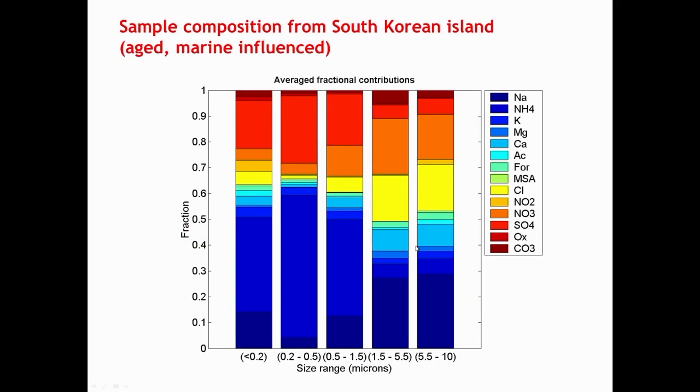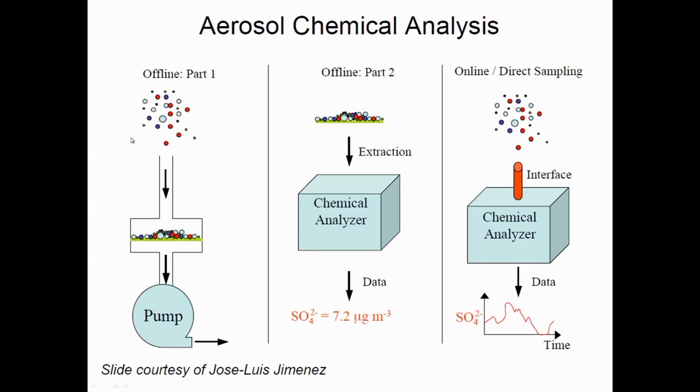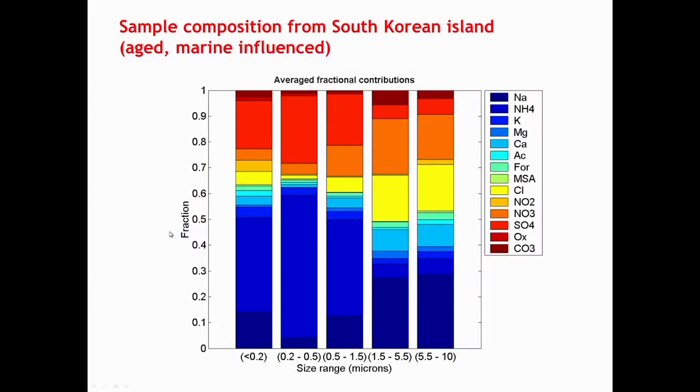And these are the sorts of data. So it shows that at different sizes have different particle compositions. So whilst this technique here, if it all goes onto one filter, doesn't tell you anything about what's in individual particles, cascade impactors still don't tell you what's in individual particles, but they do tell you what's in individual size fractions of particles.